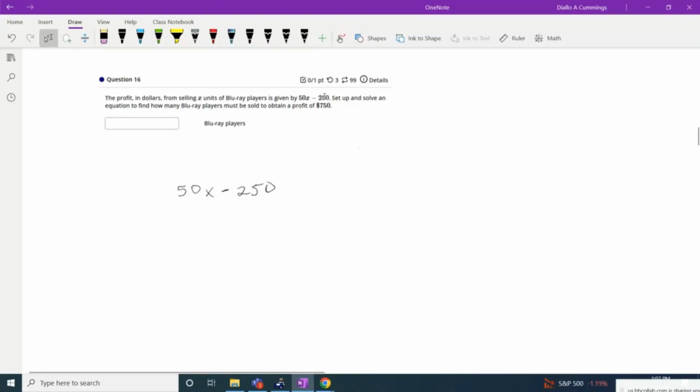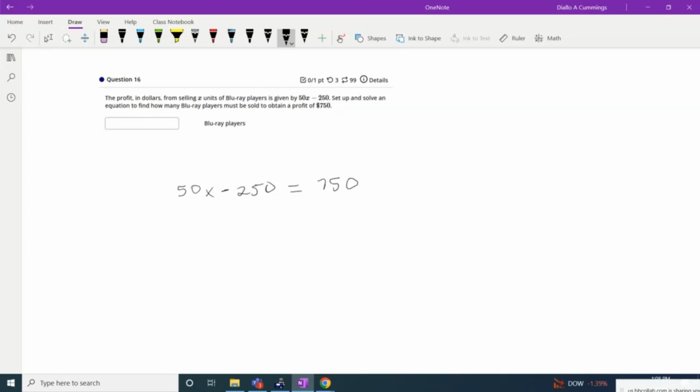So in this particular expression, x is the number of Blu-ray players that must be sold to obtain a profit of 750. So I'm going to take this profit equation, 50x minus 250, and set that equal to $750. So we want to solve for x.